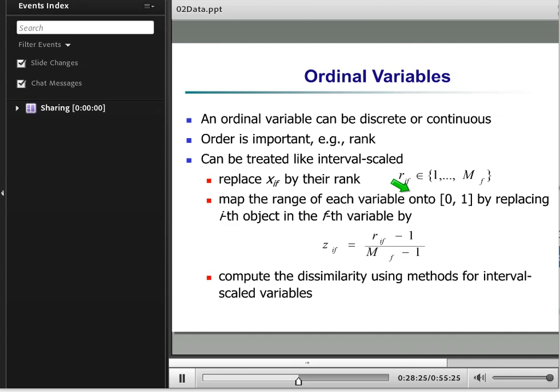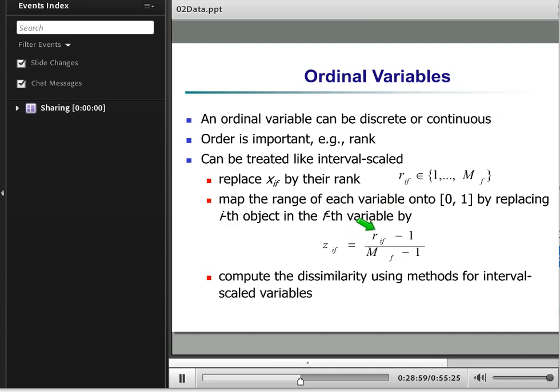Indeed, in such cases, in data mining, we use normalization. What does it mean? Normalization means changing one range into the interval 0 to 1. How can I do that? Just simply by using this equation.